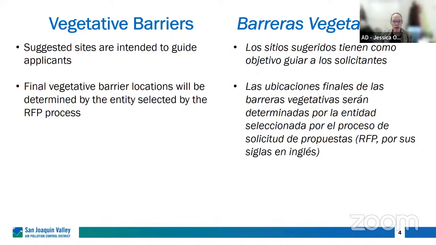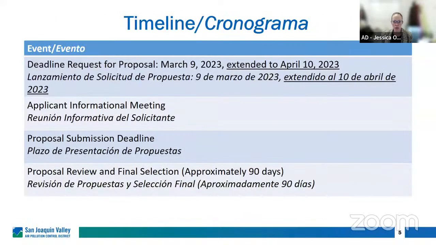So the final barrier locations will be determined in conjunction with the CSC input and the entity we select through that process. We have been talking about this in a subcommittee and have had some informational meetings. As we move forward, we're happy to continue this discussion either in a subcommittee or at this meeting, but we wanted to let you know what the next steps would be.